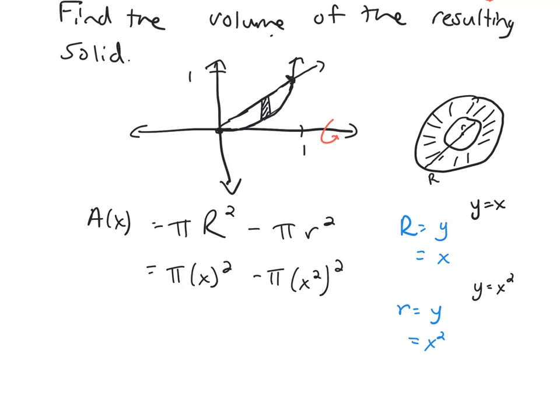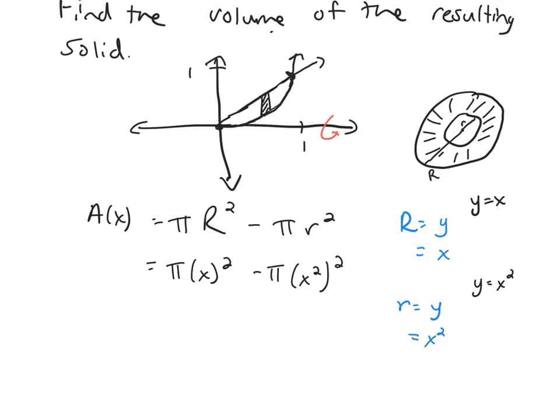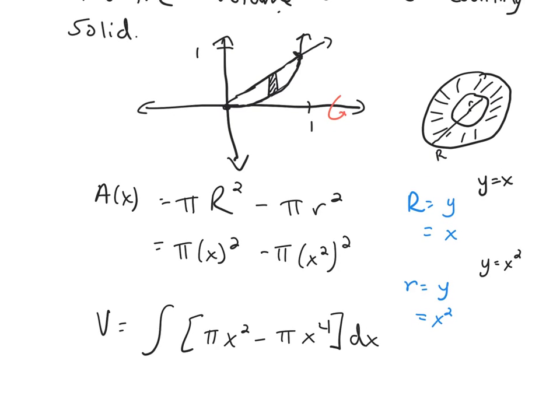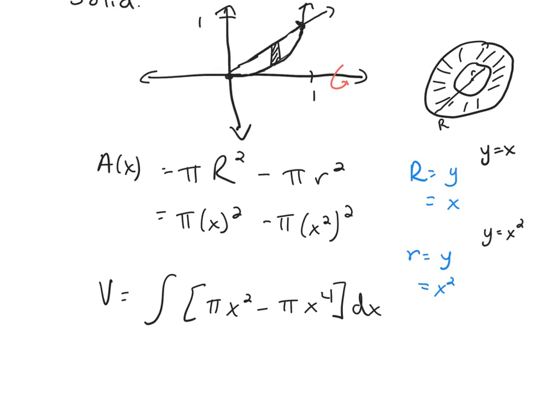After you know A of x, then you're pretty much set to go on this problem. You just have to put in an integral of pi x squared minus pi x to the fourth. And I need to put on bounds. What number should I put on the bounds here? 0 and 1. X went between 0 and 1.